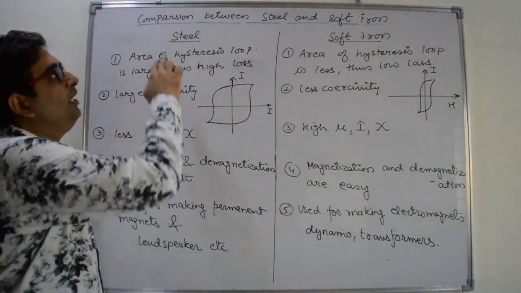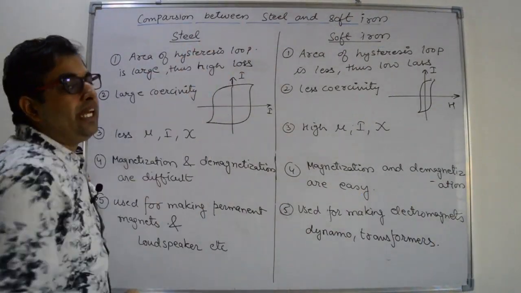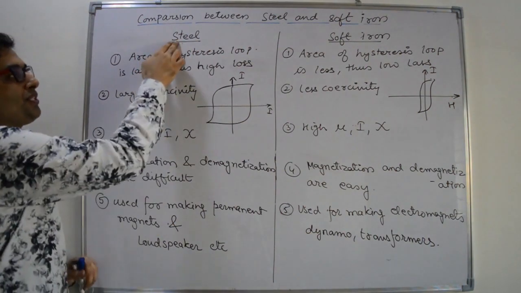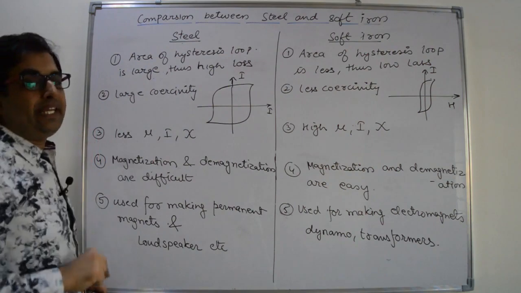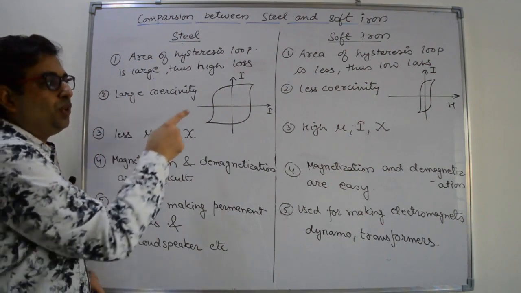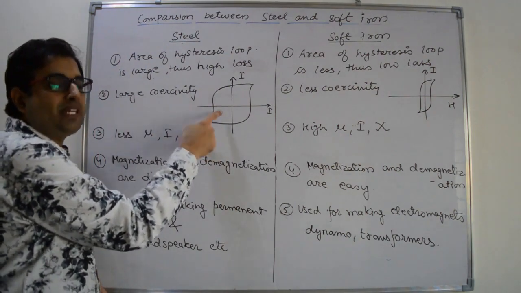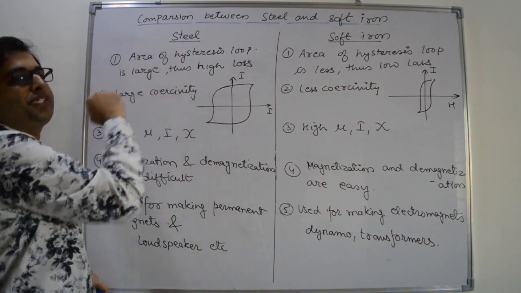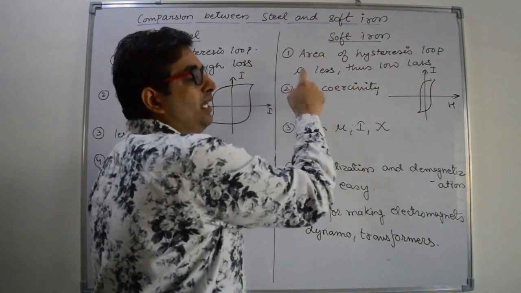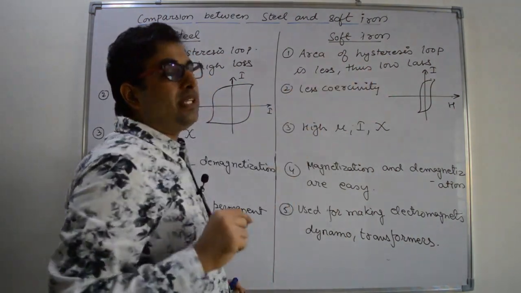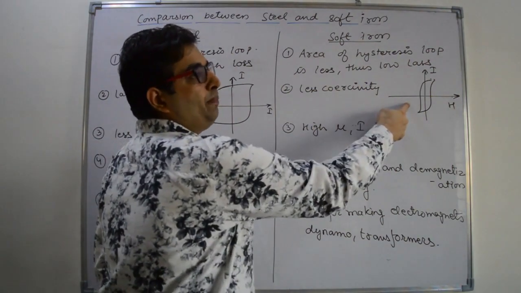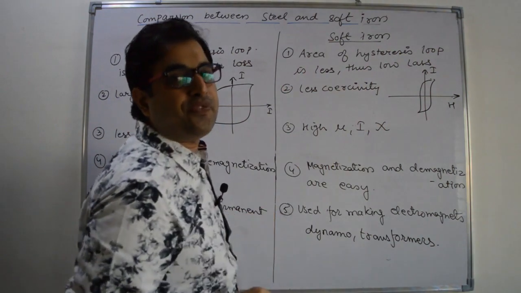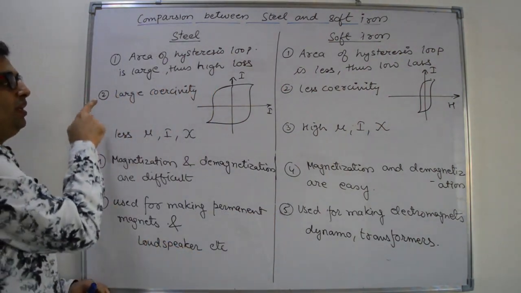Last point. Comparison between steel and soft iron. For steel, the area of the hysteresis loop is large and the area tells us about the loss. So loss per unit volume per cycle is high for steel, whereas the area of the hysteresis loop is less for soft iron. So loss per unit volume per cycle is less for soft iron.